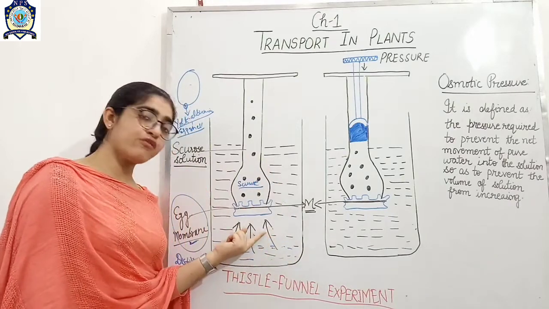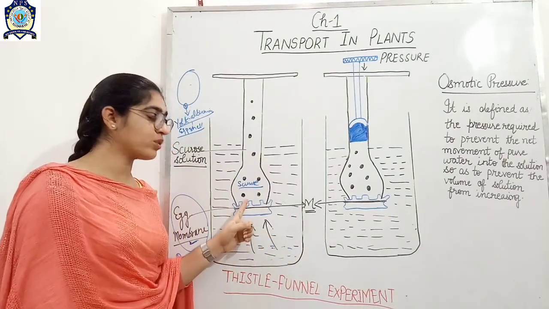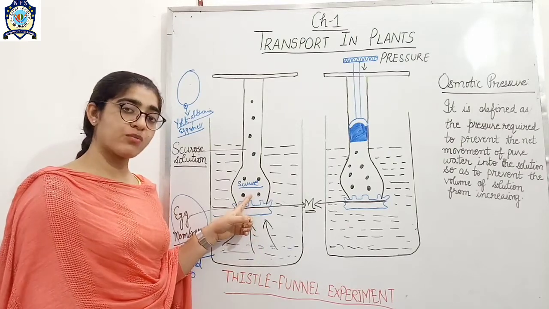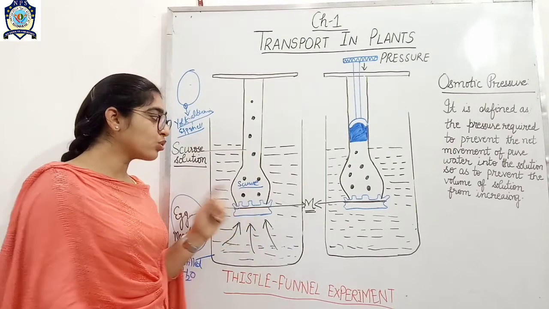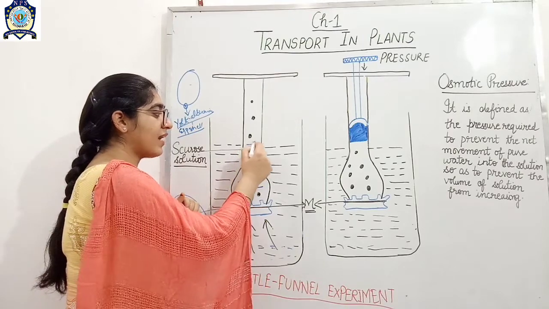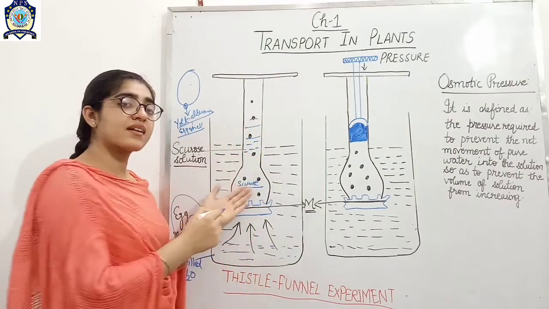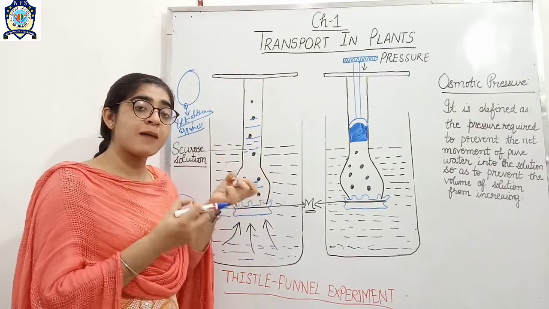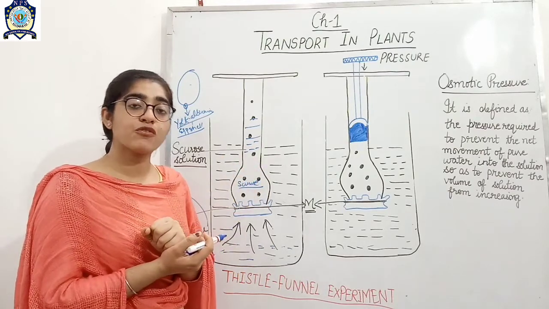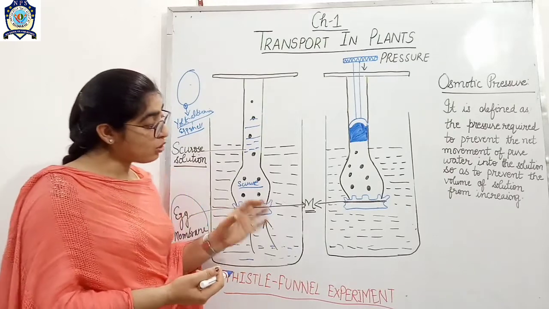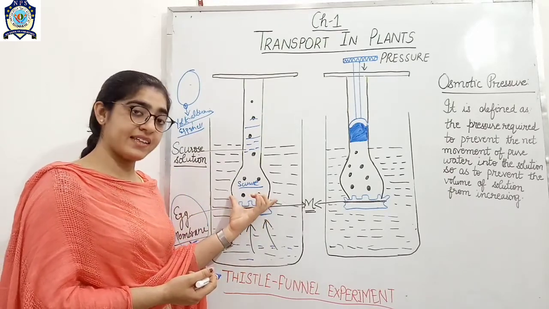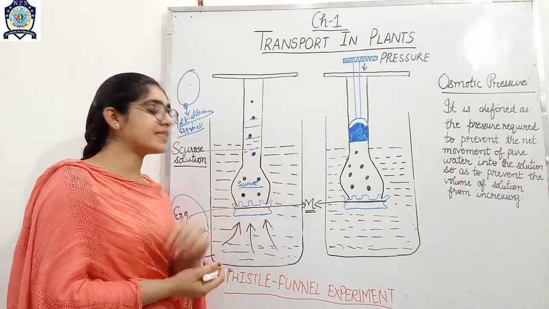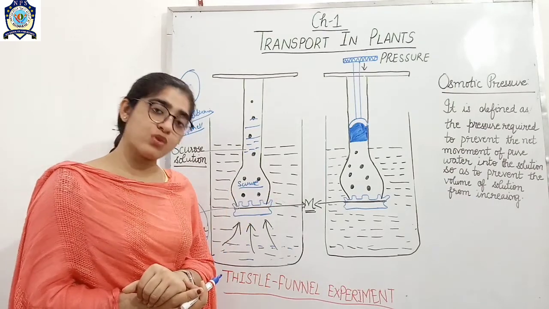So they will move from outside to the inside. तो जैसे ही outside to inside water molecule move करेंगे, सुक्रोज का जो level है, level of sucrose will rise. And why will it rise? Because of absorption of some water molecules. So the reason behind the rise of the sugar level in the Thistle funnel is osmosis.